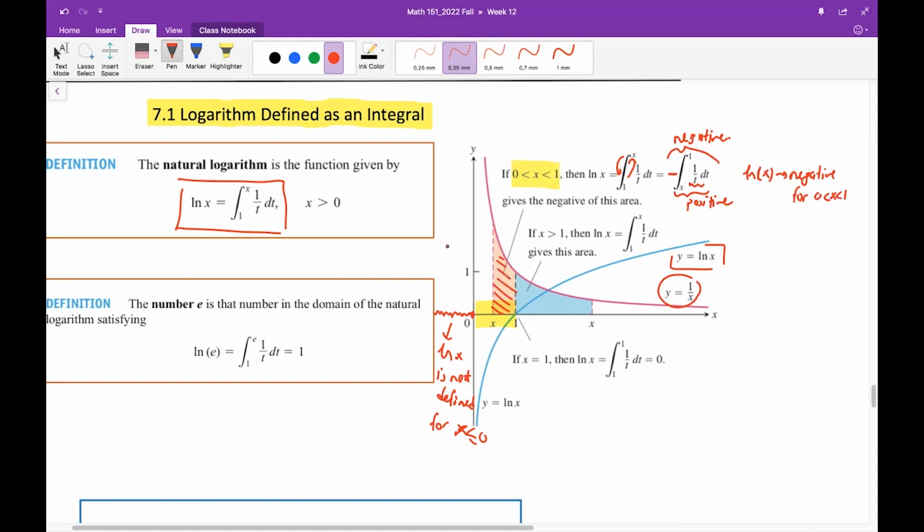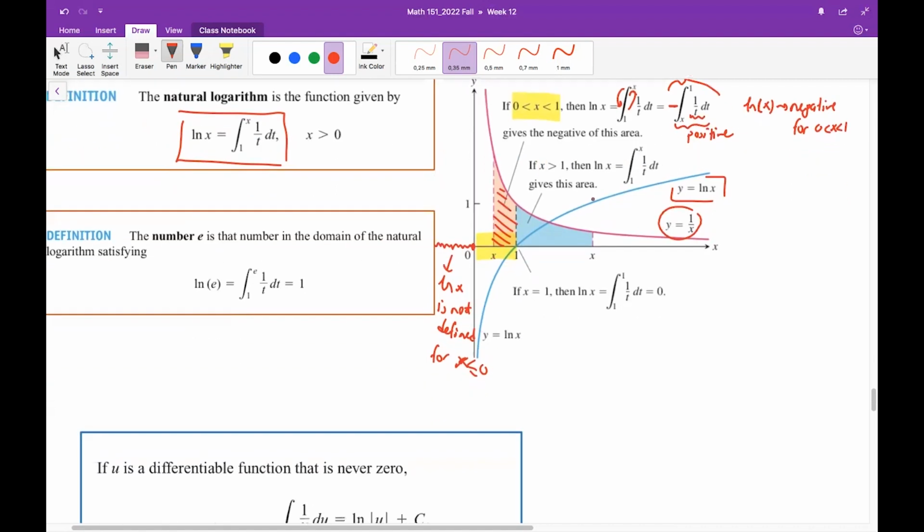Okay, so let's say this is the case. So this is your ln x function. You see everything about the ln x function from this graph. So if x is between 0 and 1, over this yellow shaded part, as you can see, the images are all negative.